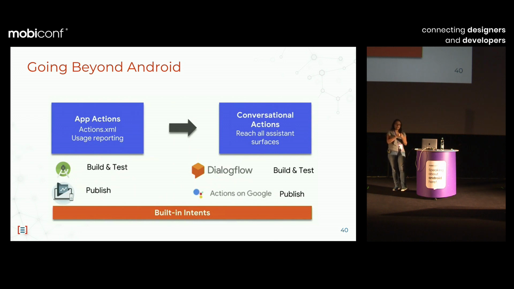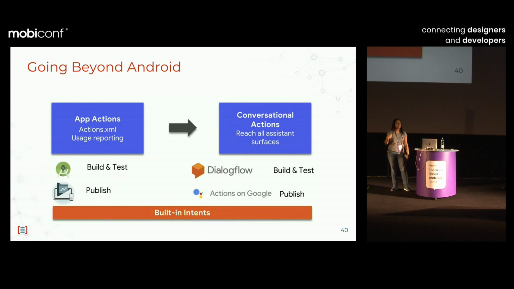So as a developer, what you get as input is text. But the text is said in a natural way, so it's really hard to detect. If you want to do it yourself, you can, but it's really hard in general to detect the exact intention and the parameters of what the user says. Dialogflow is the tool that does that for you.